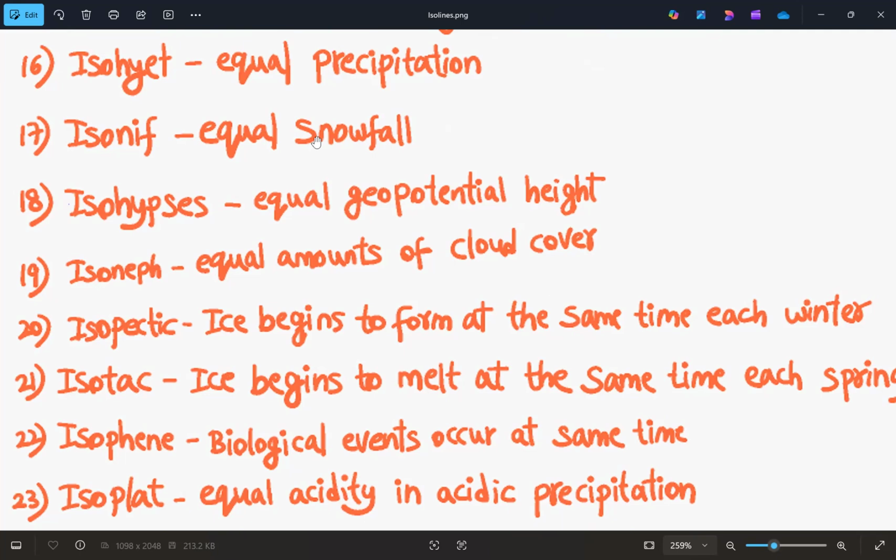It connects all the places that have equal height. And the next one is isoneph. Isoneph covers equal amounts of cloud cover.